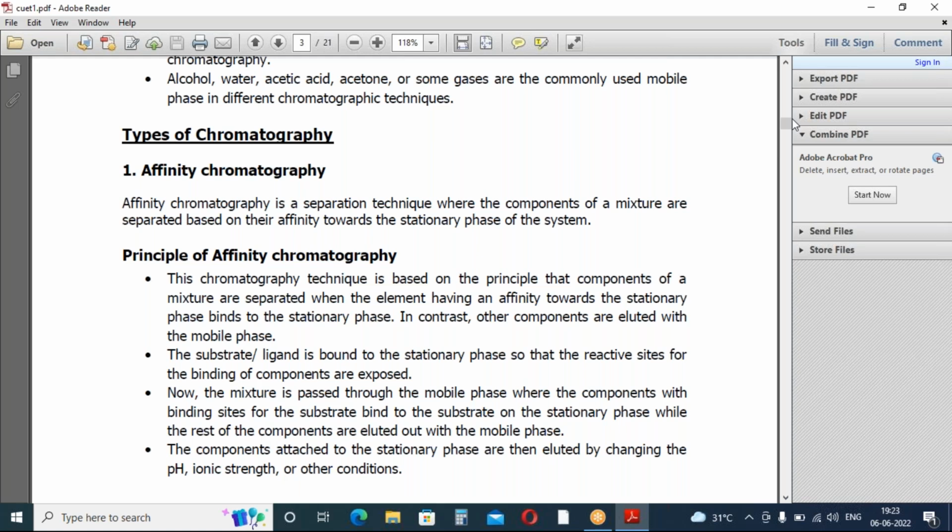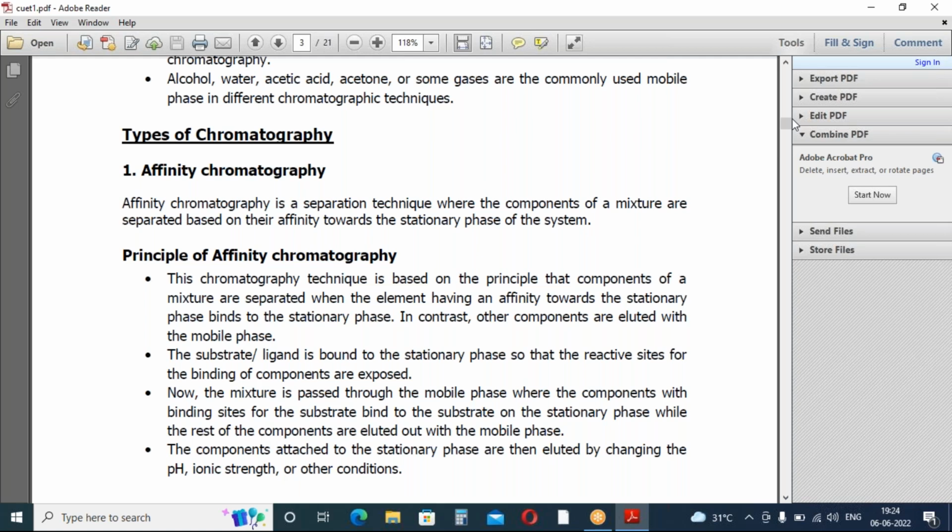You know about the enzyme substrate complex: the enzyme binds with the substrate, forming the enzyme substrate complex. Like that, the substrates or ligands are attracted to the stationary phase, which should contain reactive sites for the binding.